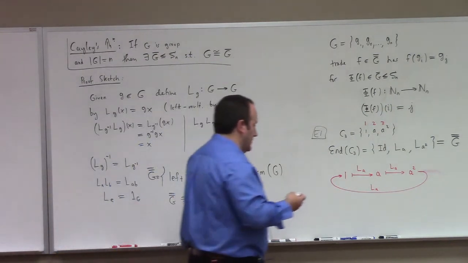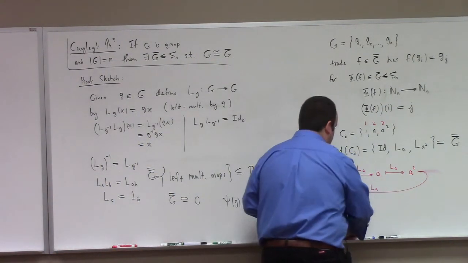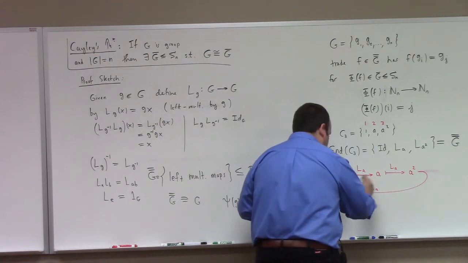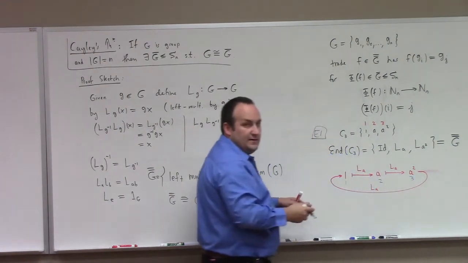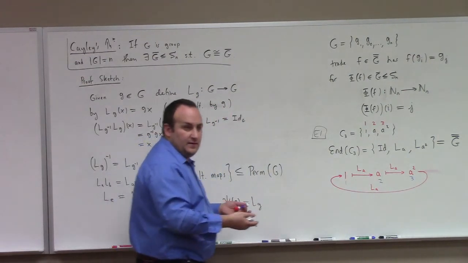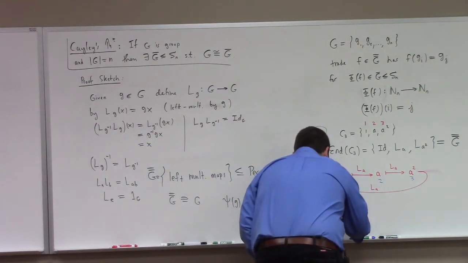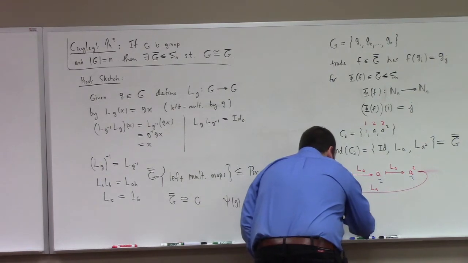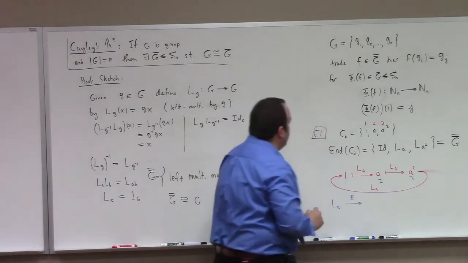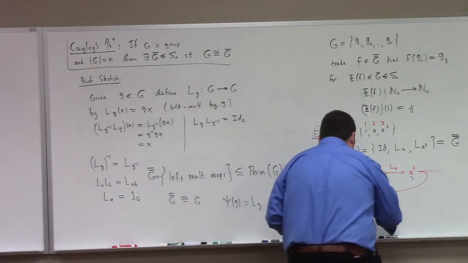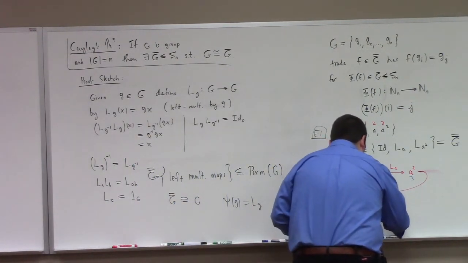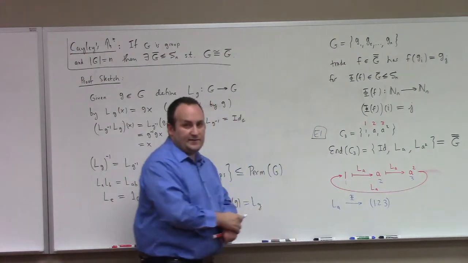So we're taking 1 to the second group element, then to the third group element, and then back to 1 again. So LA corresponds under this mapping I'm describing, phi, to the cycle 1, 2, 3 in S3.